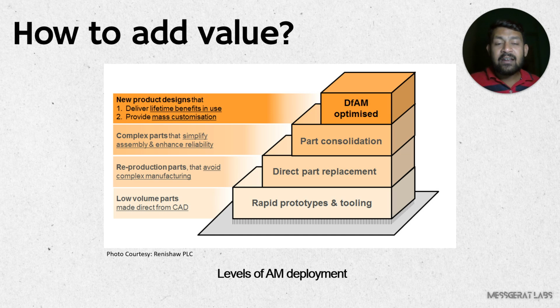So that's why at DFAM optimized stage, you redesign the component for it. It's a completely new product design strategy. So this was about value. Now, in the next section of the modules, we will try to understand the various examples of these values that are being added. Thank you and see you in the next section.